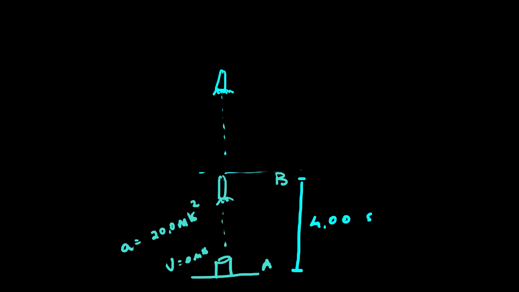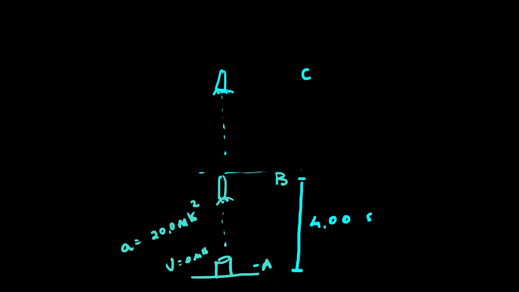Meaning that from point B to C, let's say this is point C, that net acceleration is no longer there because the engine is off, meaning that we do not have any force applied. That particular force that was moving the rocket from A to B is no longer there, because from B to C, that net acceleration is 0.